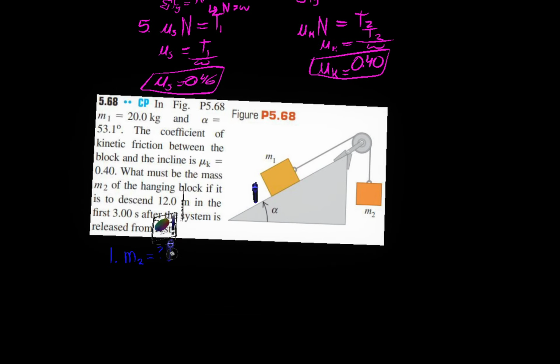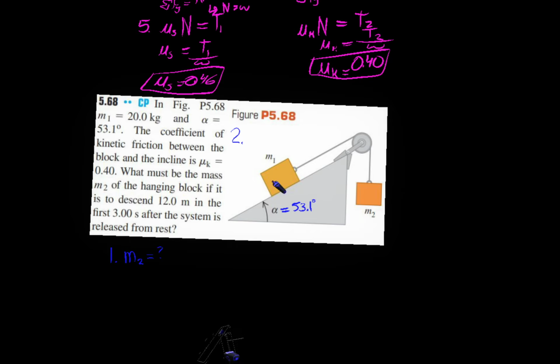So 2, we can make a simplified diagram. I won't make a simplified diagram because this is as simple as it gets. So I'm going to just pull this down here and talk through this diagram. We'll call this 2, right? So we have alpha, that's equal to 53.1 degrees.